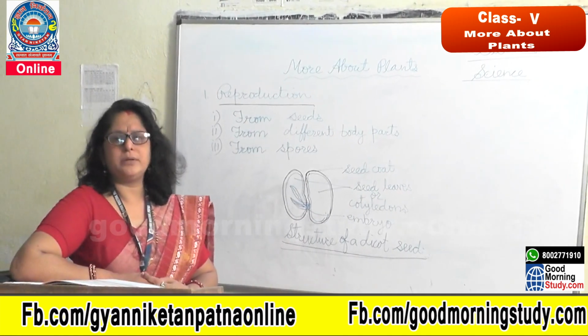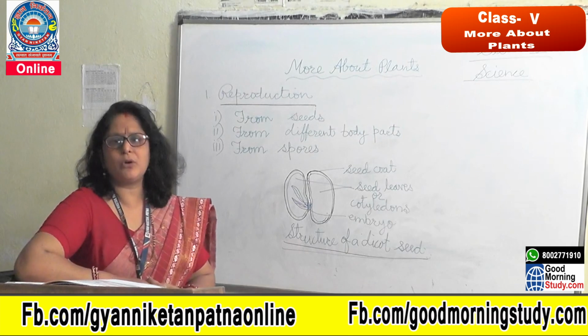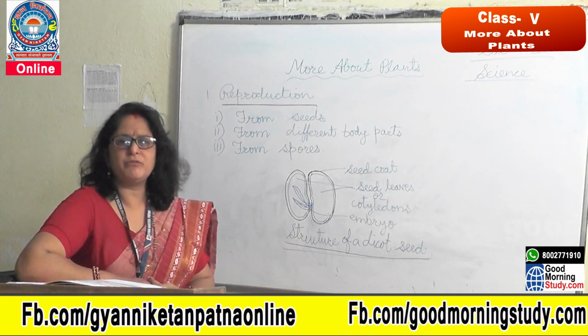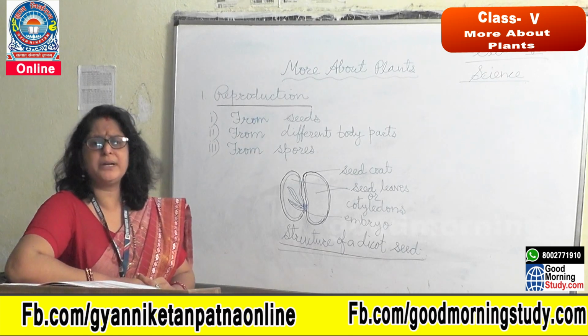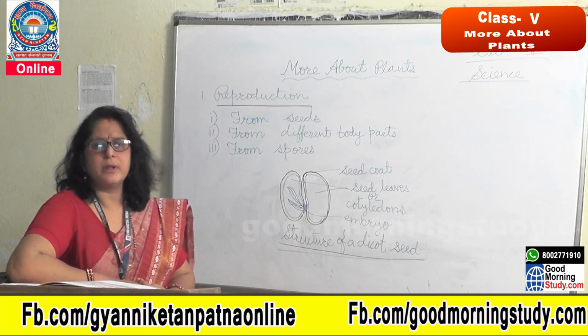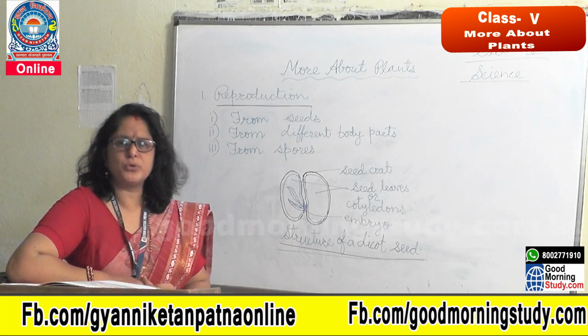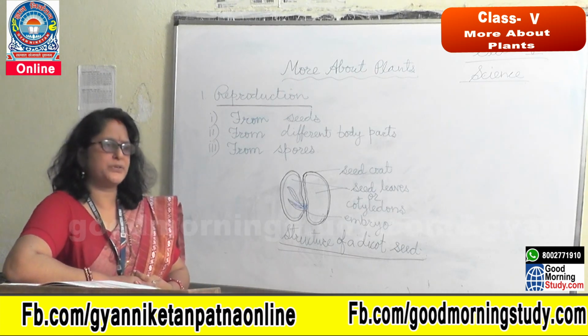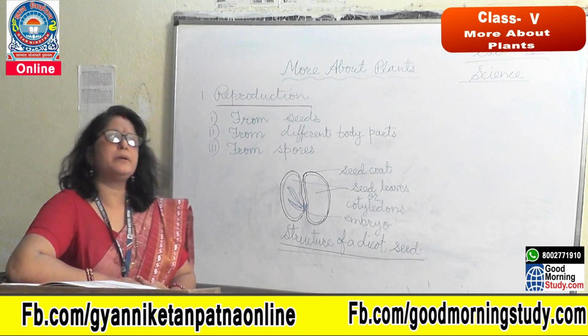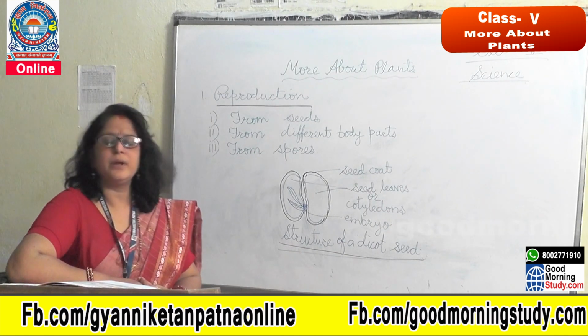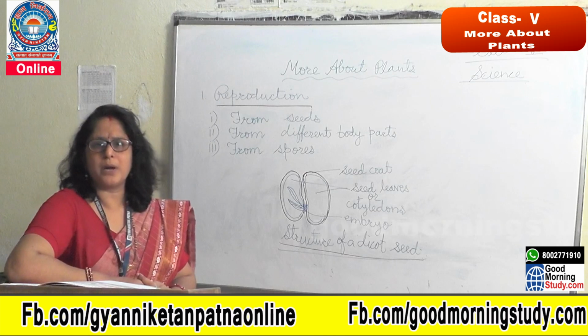Most of the plants on the earth have flowers, and these flowers convert into fruits, and inside the fruits seeds are present. These seeds help in reproduction or give birth to a new plant.